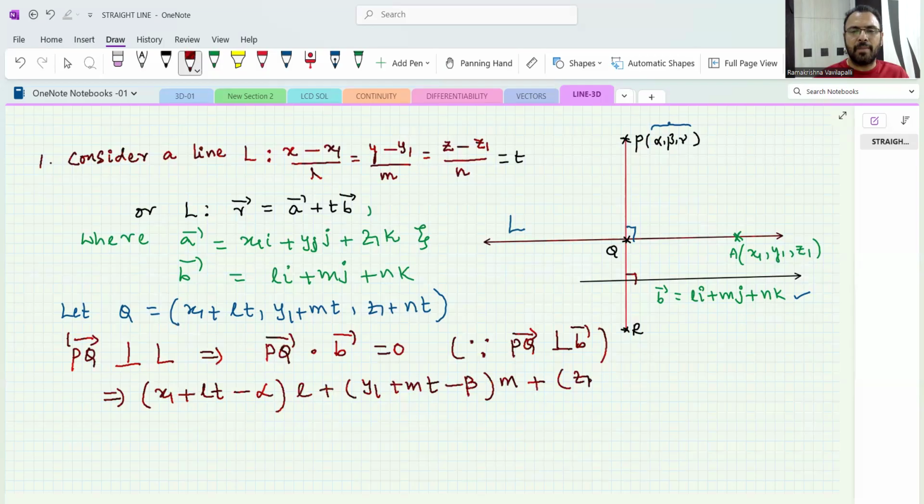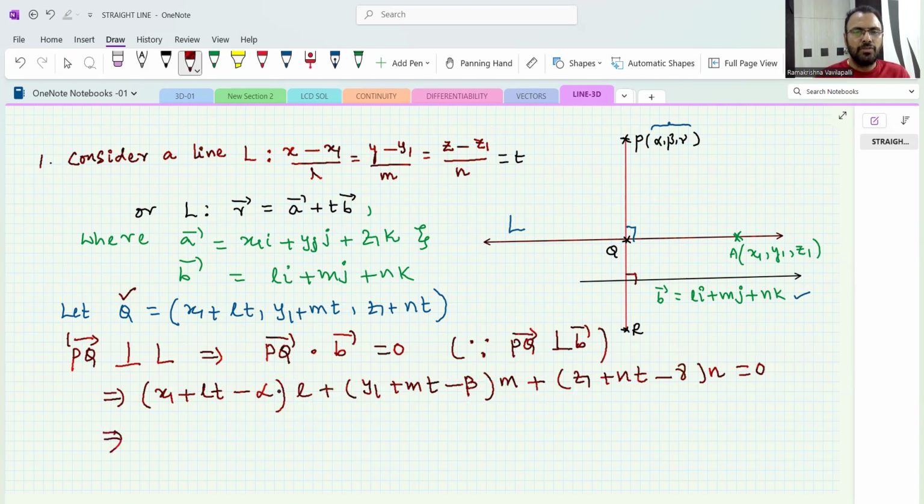We need to remember only the procedure. We do not learn this formula by heart. So what do we find out? We have to find the value of t. Then only you will get the point Q, the foot of perpendicular from P.